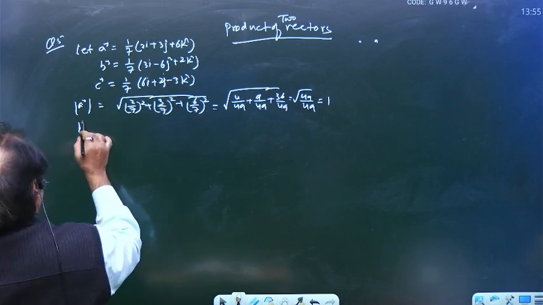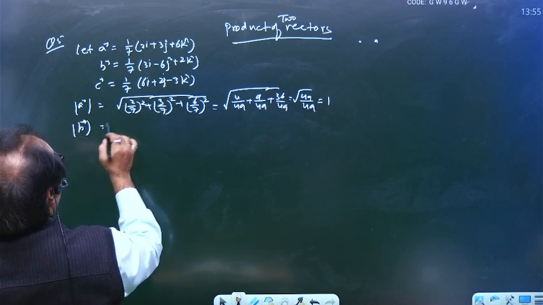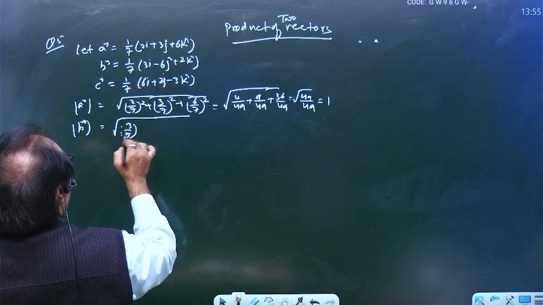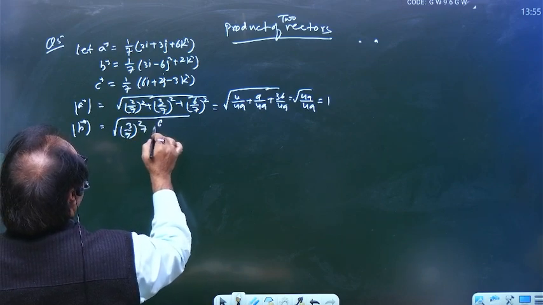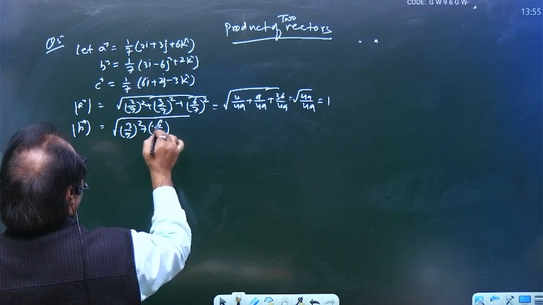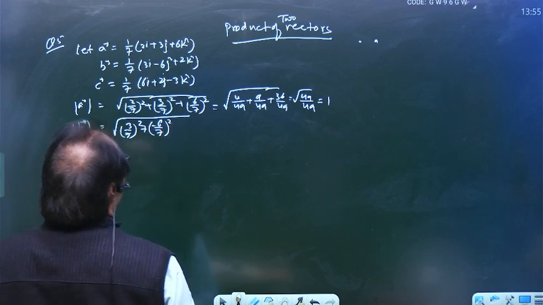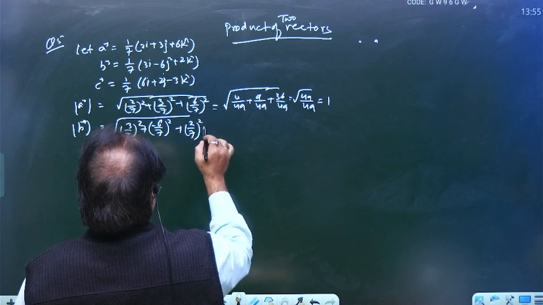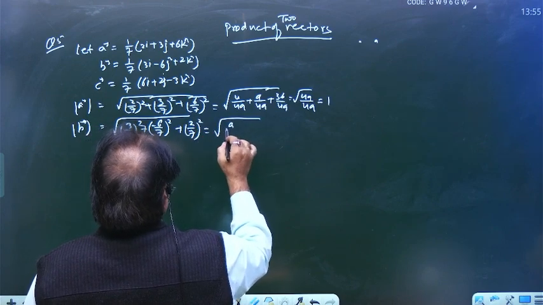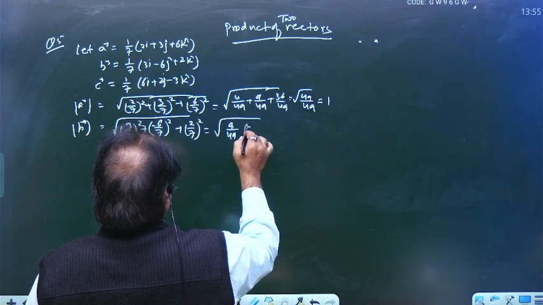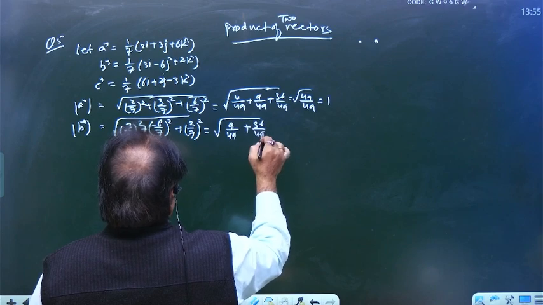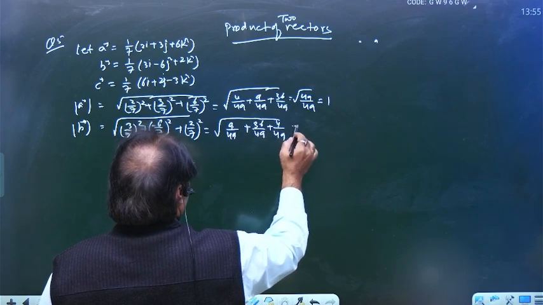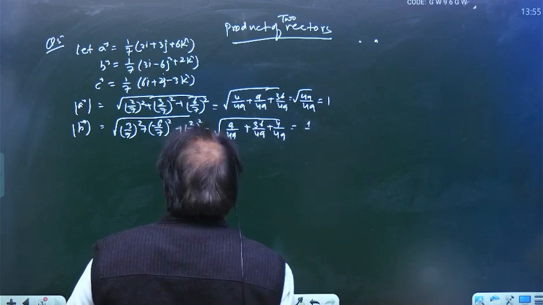And magnitude of B is root over (3 by 7) square plus (6 by 7) square, minus 6 by 7 we will write, square, and plus (2 by 7) square. Okay, so now it will be 9 by 49 and then 36 by 49 and then 4 by 49. So 49 by 49, again it will be 1.